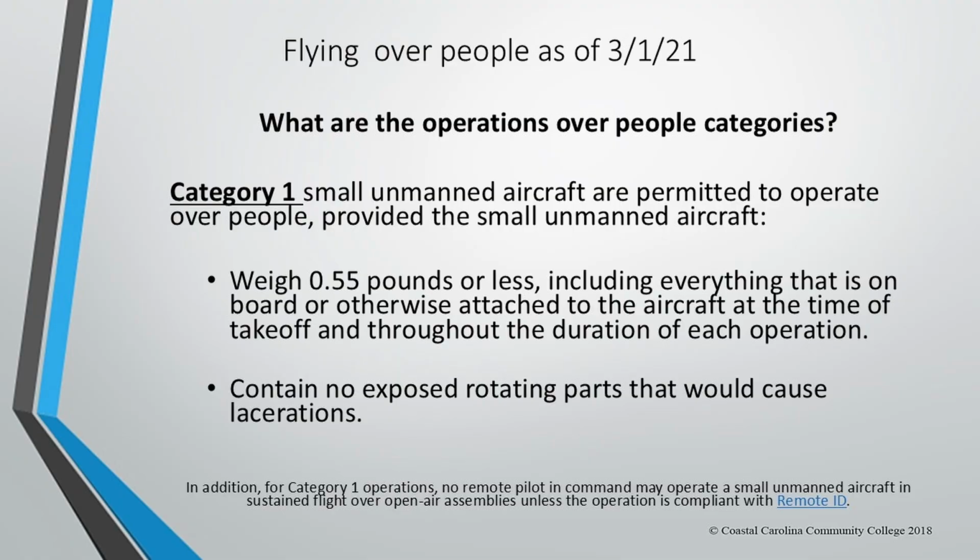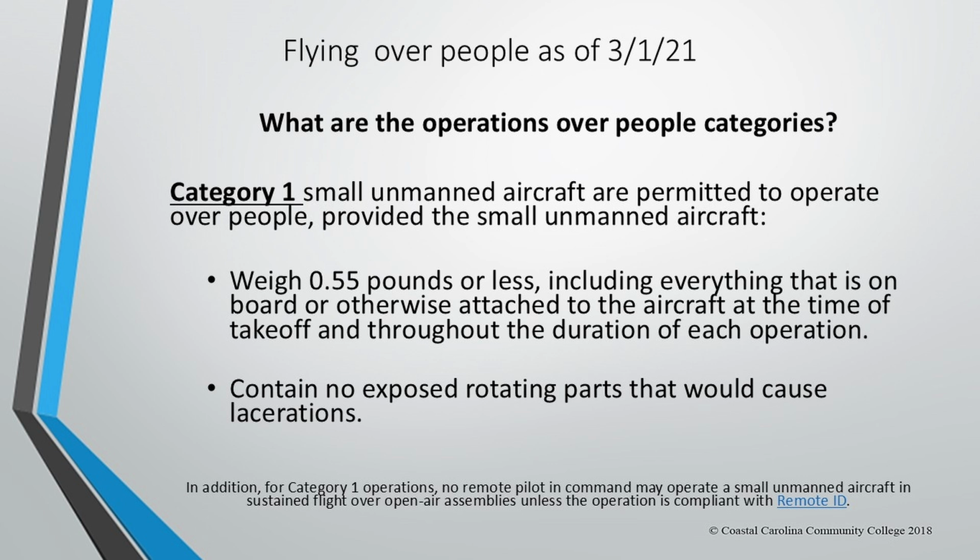Category 1 is a small unmanned aircraft permitted to operate over people, provided the small unmanned aircraft weighs 0.55 pounds, 250 grams or less, including everything that is on board or otherwise attached to the aircraft at the time of takeoff and through the duration of the flight.